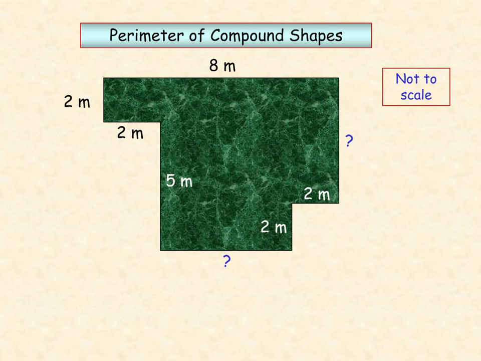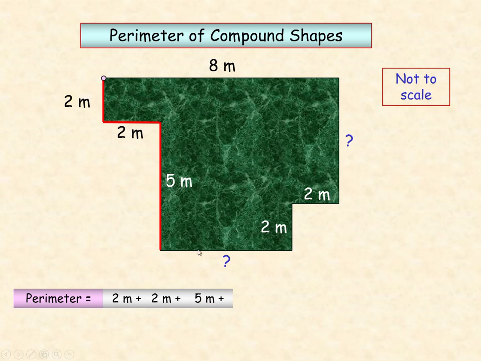As before, I'm going to pick a corner and start. So 2 meters, going across another 2 meters, so 2 meters there, down 5, then across here. Now what's missing here? I know the whole length is 8, take away 2 and take away 2, so 8 take away 4, this means 4, so I can add 4, up 2, across another 2, and then I've got something missing here.